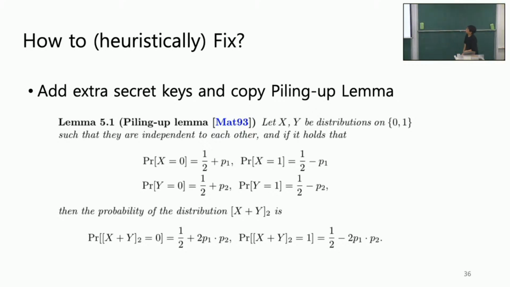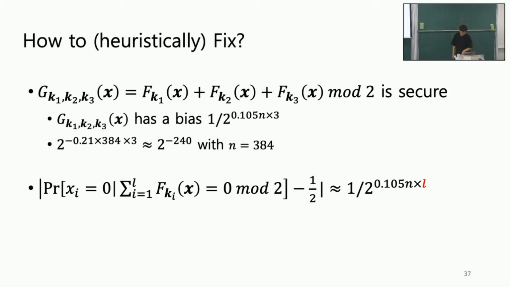So using the peeling lemma, we can provide a new candidate called G, which consists of f_k1(x) plus f_k2(x) plus f_k3(x) in modulo 2, which is secure against our attack. However, in this case, we cannot use the peeling lemma directly, since they are not independent of each other because they share a common input x.